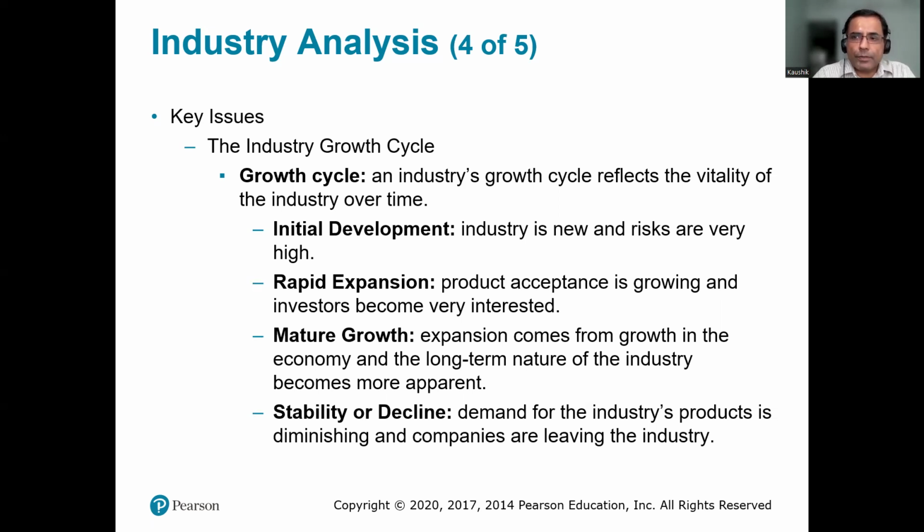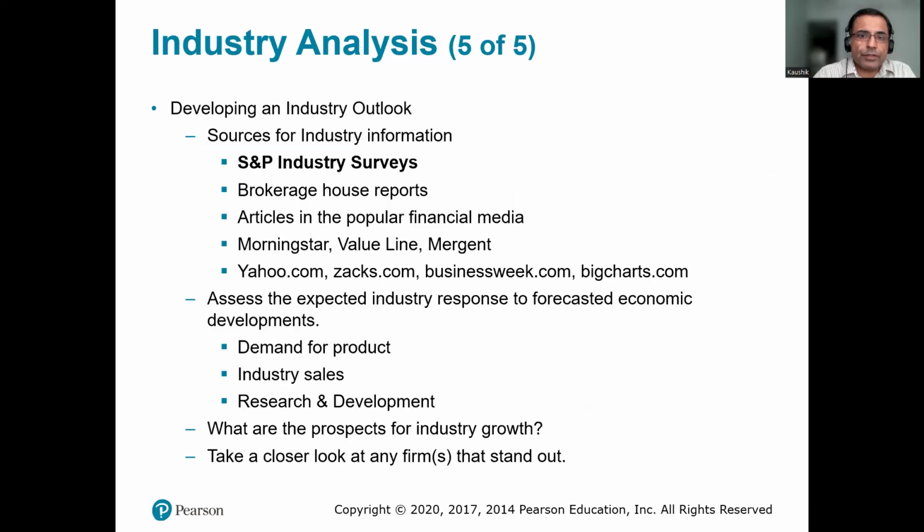After that, the industry matures, and now the industry growth is in line with the economic growth. So it is not growing by virtue of its own potential. And after that, the industry may decline because the products may become obsolete and the companies may start leaving the industry, or the companies may decline and shut down. So the industry life cycle is also an important source of information to understand the attractiveness of different industries.